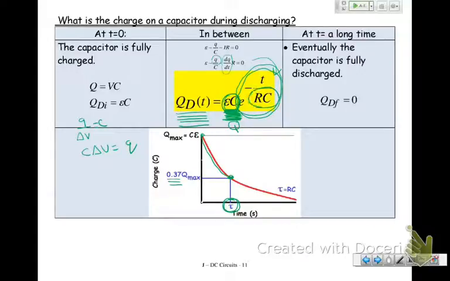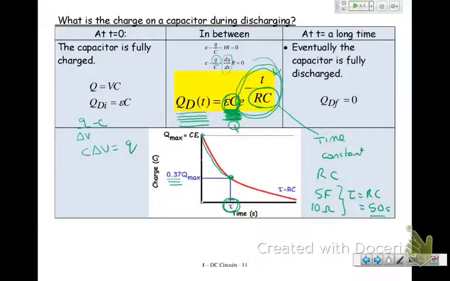This RC I called my time constant, and it is literally the value of R times the value of C. It's really useful. If I have a 5 farad capacitor and a 10 ohm resistor, tau, which equals RC, equals 50 seconds.